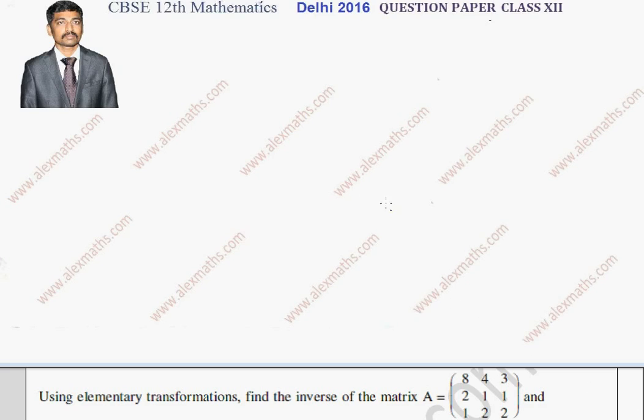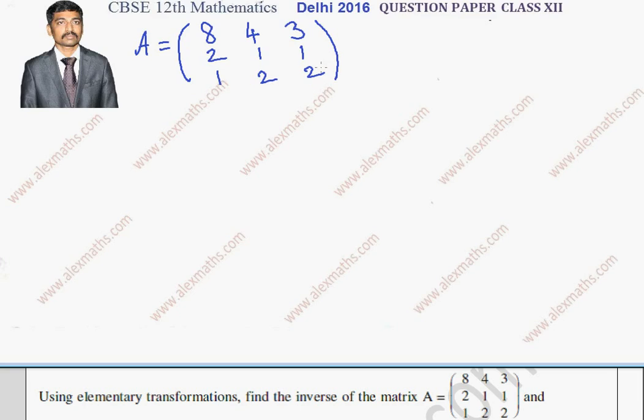Question number 21, our choice. Using elementary transformation, find the inverse of the given matrix. So the matrix A is given as 8, 4, 3, 2, 1, 1, 1, 2, 2. And after finding this, we have to solve the given system of equations using this inverse.